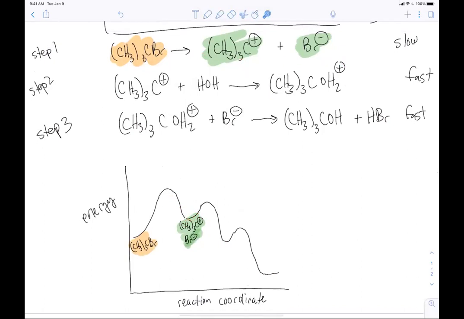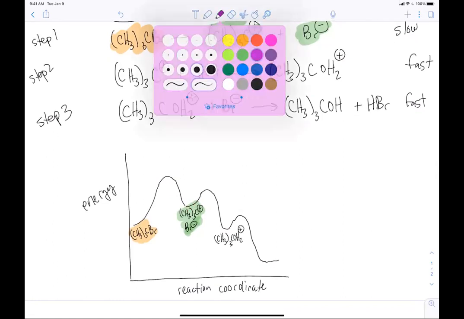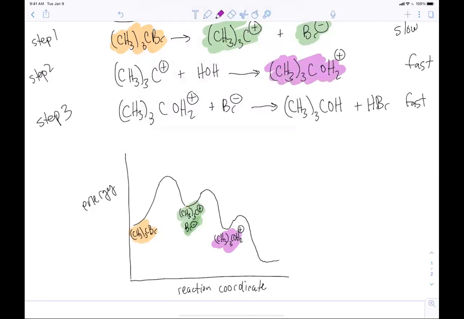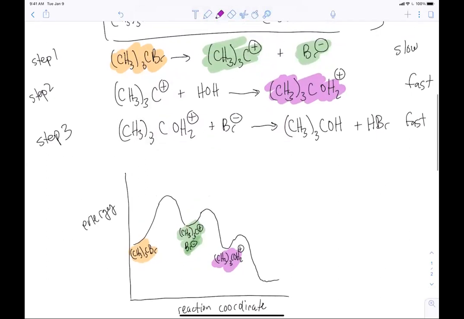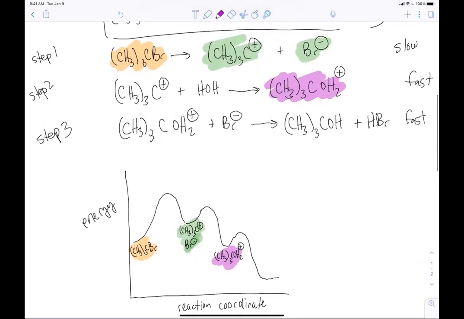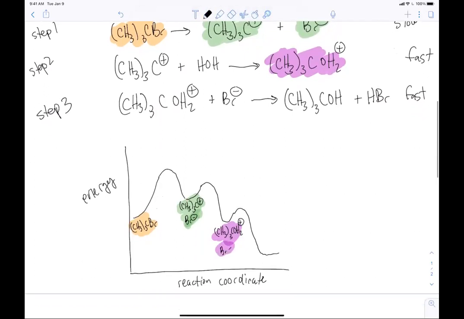So then, what's our other intermediate? We can look at it right here. That's our other intermediate. Bromide pops up again, it doesn't really matter that much. And then finally we get to our products.